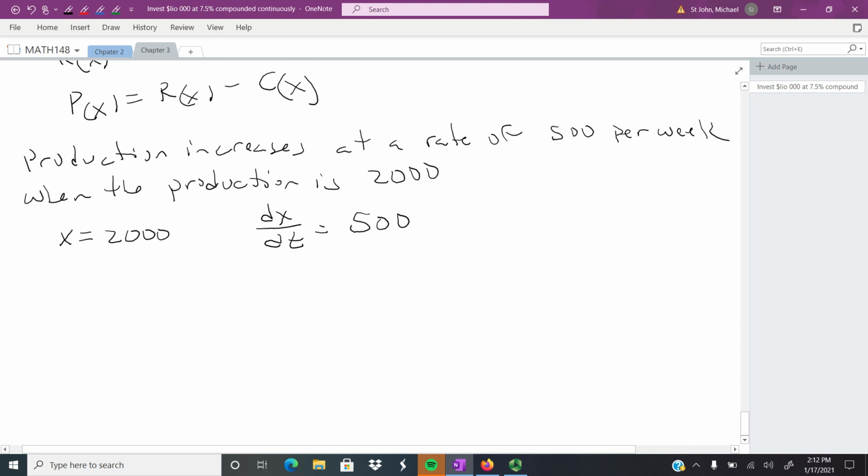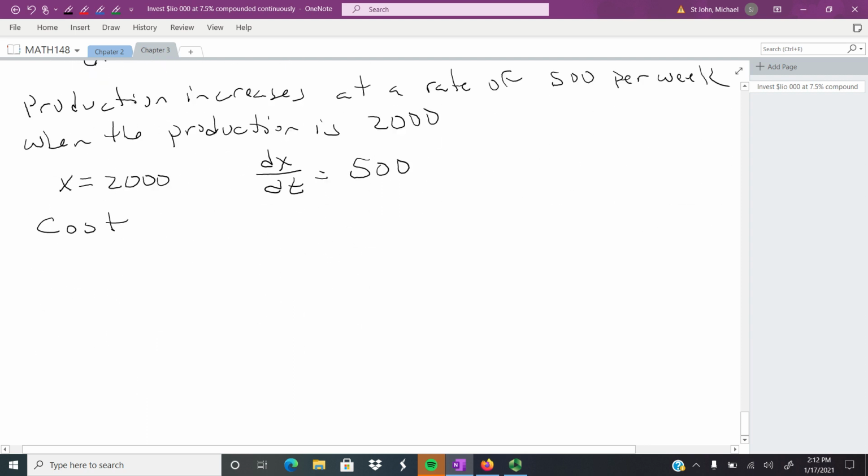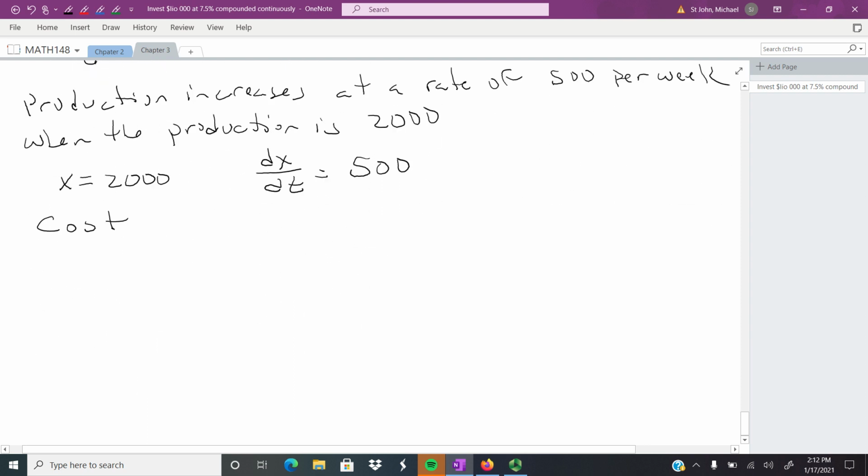So we want to first find, in regards to the cost, what's going on. Well, we had our cost function, which was C of x equal to 5,000 plus 2x. And so we're going to take the derivative with respect to time.